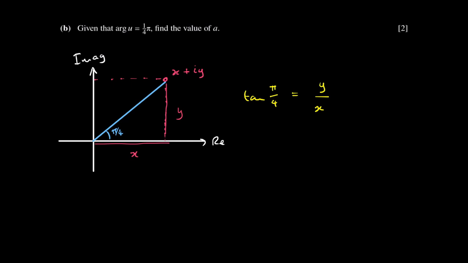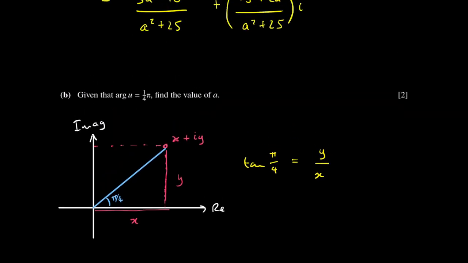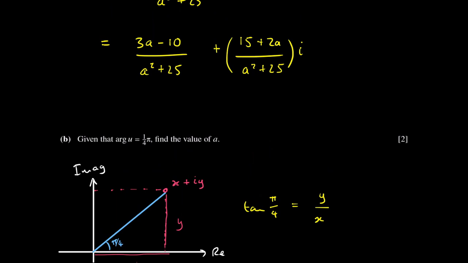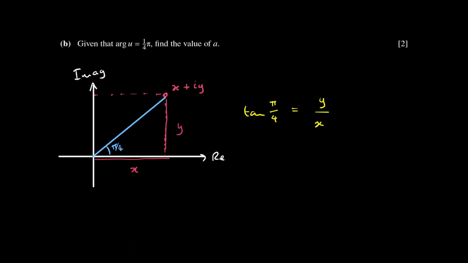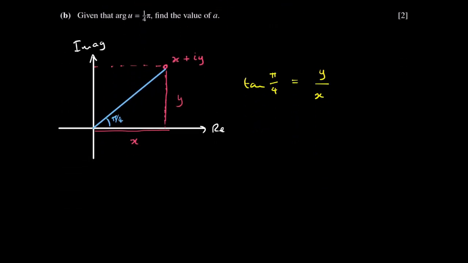So now if we go back to our complex number, our imaginary part was this thing, 15 plus 2a upon a squared plus 25. So I'm going to write that down. What was it again? 15 plus 2a divided by a squared plus 25.